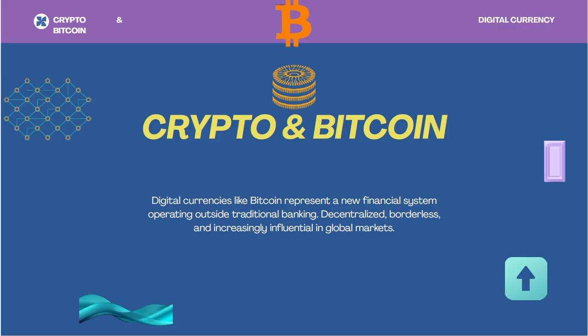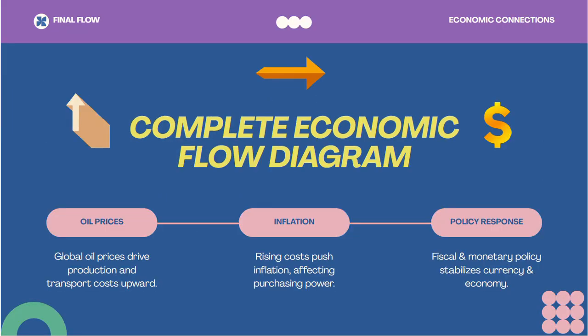Now coming to the final connection part, the complete economic flow diagram. Let's connect everything. When the oil price rises, fuel becomes expensive, so inflation increases and the government uses fiscal policy, that is reducing taxes and providing subsidies.